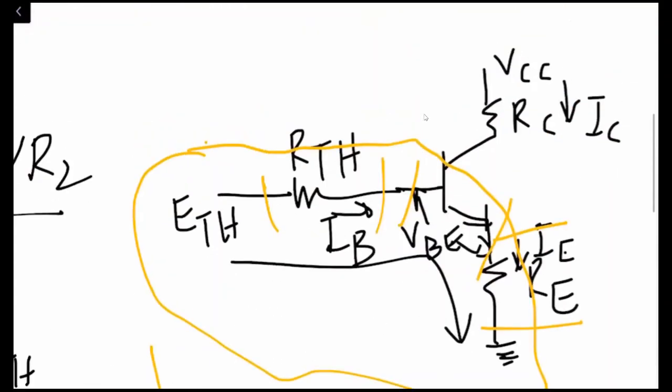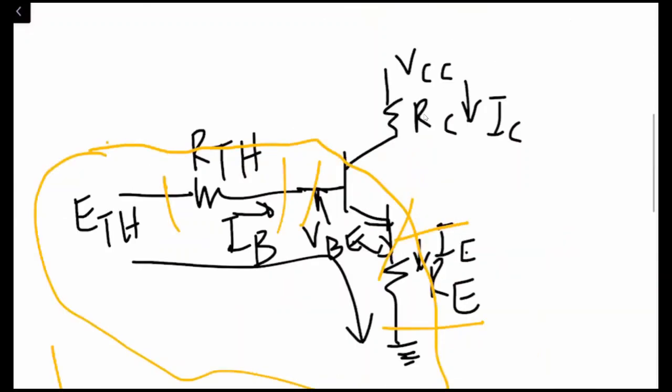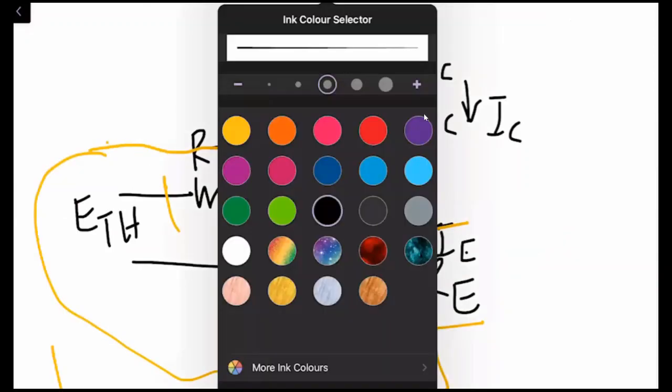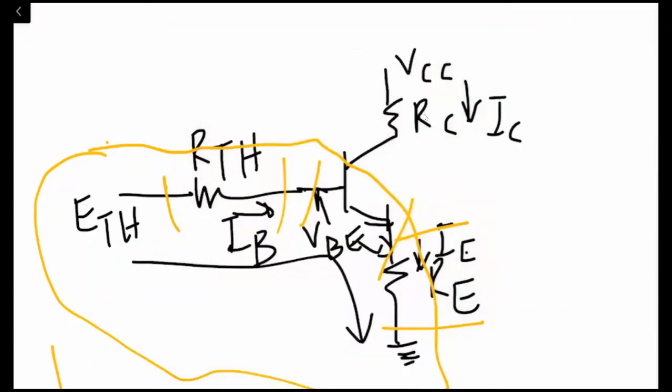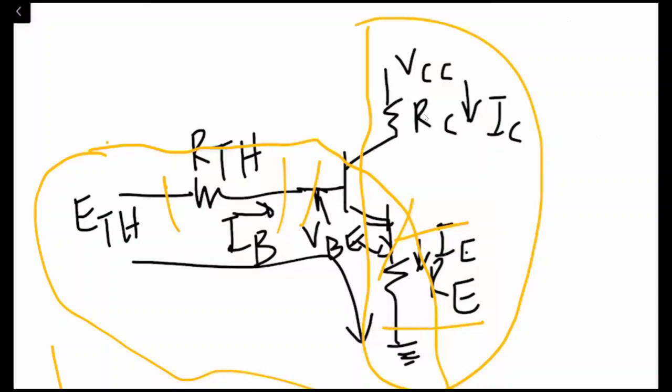Okay, so if I'm going to write the equation on the output side, this is the circuit again. For the output side, applying KVL, we have VCC at the top, then a drop in the collector resistance, then VCE, the collector-emitter voltage, and then a drop in the emitter resistance.